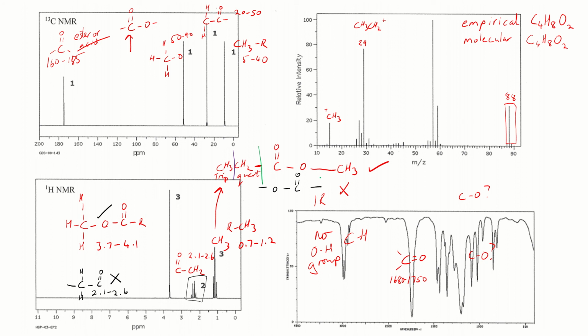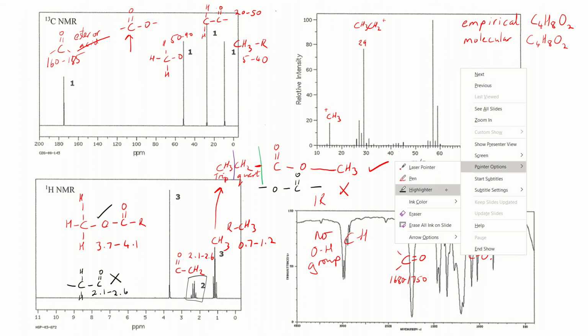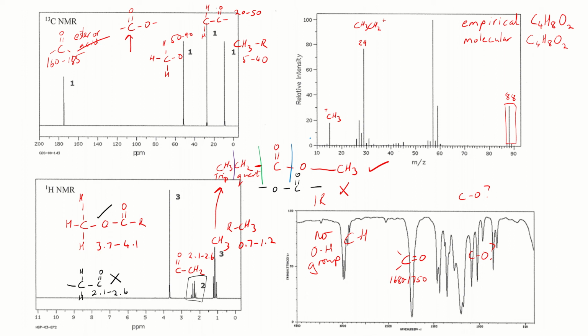If I snap CH3 from the other end, taking away 15, peak at 73, so not really stable, losing that. Whereas if I made a snap between the C double bond O and O in there, that would be losing 31, so 88 take away 31 gives me 57. That's a very stable peak in there, so we would definitely be seeing that fragmentation occurring quite a lot.